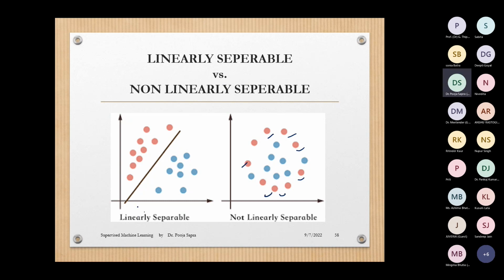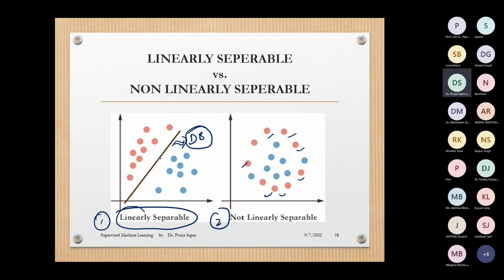But if we have something like this, this would be called as linearly separable. Means you can put a linear equation, or you can put a line over here and you can just identify which category in first case. In second case, this is not at all linearly separable. This line, in case of classification, is called as decision boundary.